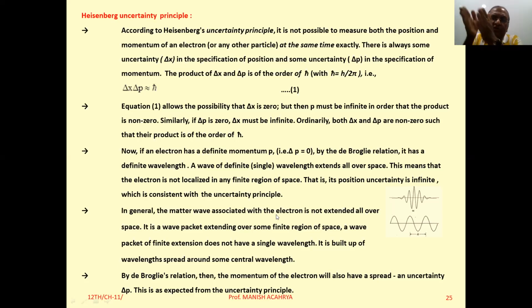For that wave, which is the representative of the particle, suppose the wavelength lambda is fixed. Then as per de Broglie's equation, lambda equal to h upon p, so p is h upon lambda. If lambda is fixed and finite, then p is also finite, as per this equation p equal to h by lambda.